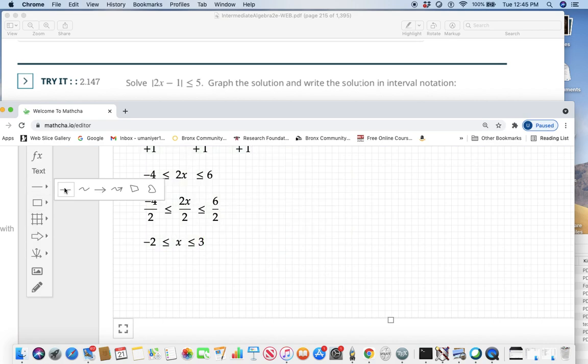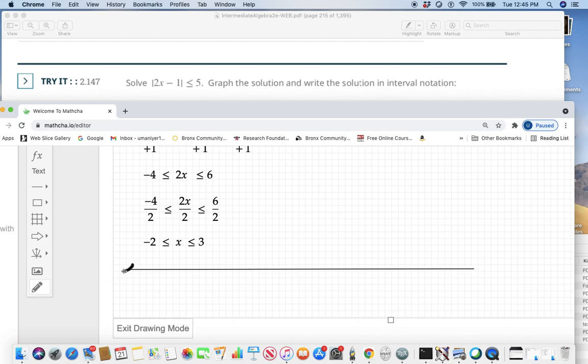It's time to graph it. To graph it, you simply take a number line. Negative 2 is somewhere here. 3 is somewhere here. x is between these two. Is it equal? Yes. Equal means filled in point. Is this possibly equal? Yes. Equal means filled in point.